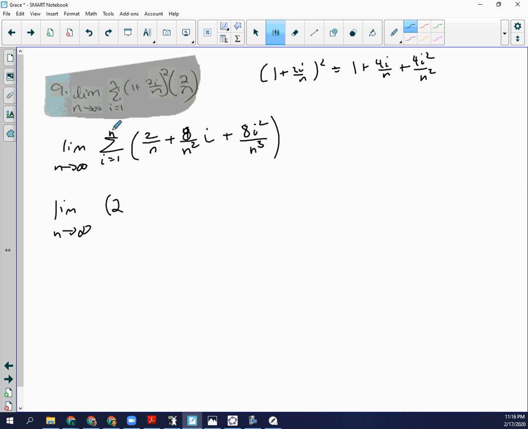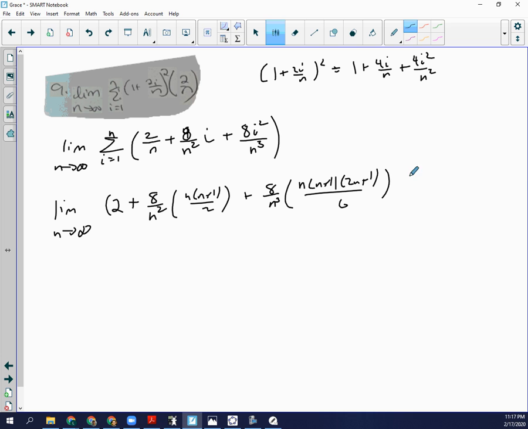It's n of these 2 over n's added together, plus 8 over n squared times the sum from i equals 1 to n of i, n times n plus 1 over 2, plus 8 over n cubed times the i squared sum, which was n times n plus 1 times 2n plus 1 over 6.